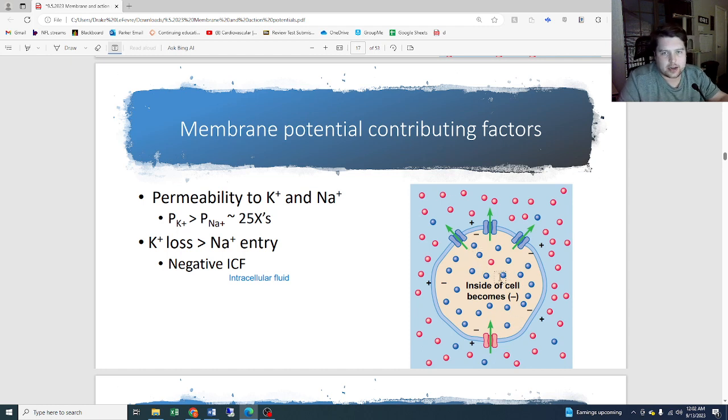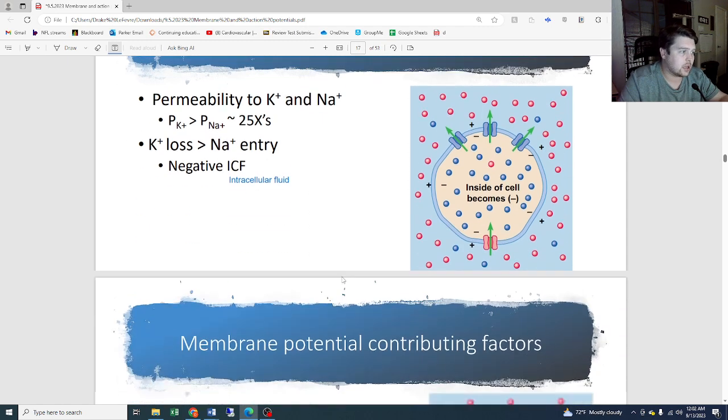So both of those factors are keeping it negative, and that sodium is then wanting to enter. And so we have a greater loss of potassium from the inside of the cell going to the outside than we do have sodium entering into the cell.